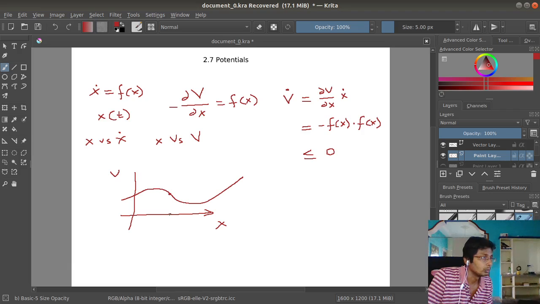Which means, will x increase or decrease? That we could identify from this relation. It will choose a direction such that V dot will be negative, which means it will choose a direction such that V will decrease. So from that I could say that if it goes in this direction, V will decrease, so it will have a flow in this direction if it is at this point.